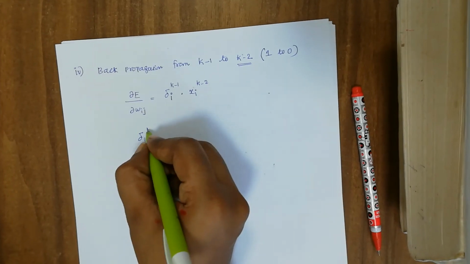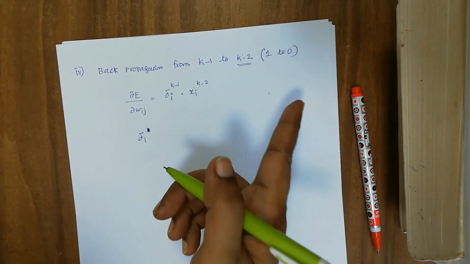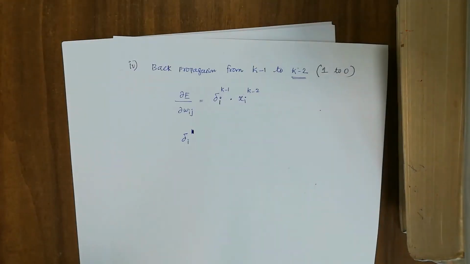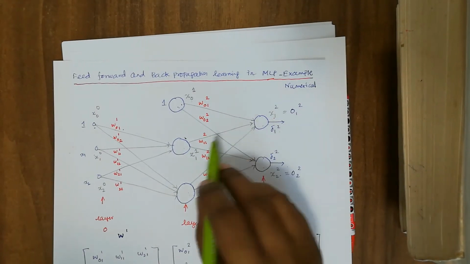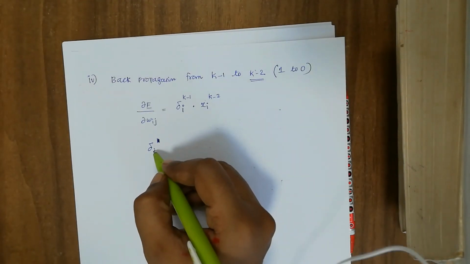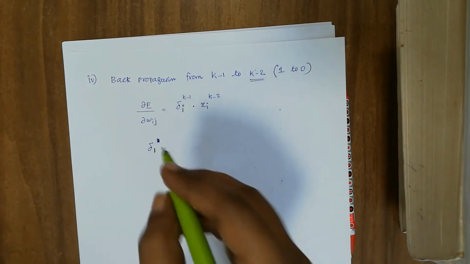Now we are going for k minus 1, which was del i 1. Previously the k value was 2. Now we are calculating del for the first layer, so del 1 1.